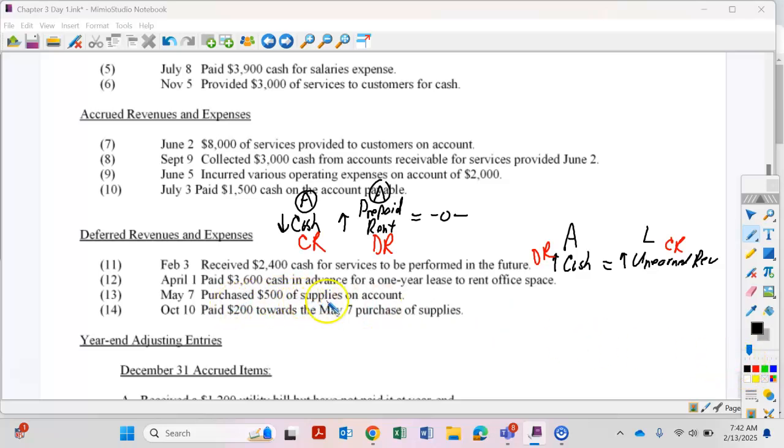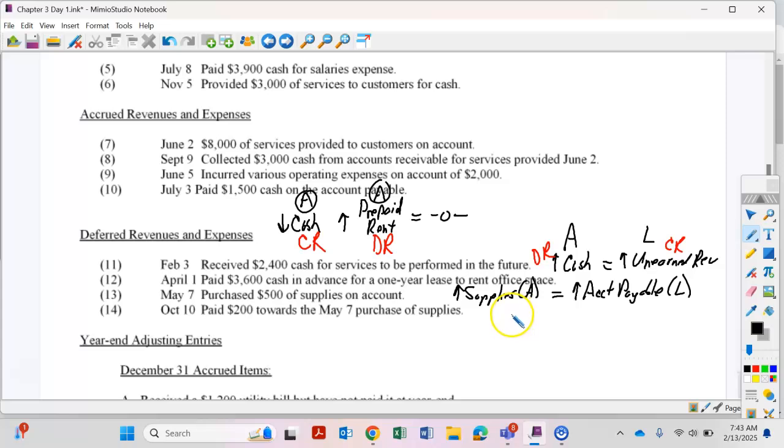May 7, purchase supplies on account. So supplies will go up. That's an asset. So supplies come in and we're buying on account, so we're not paying it. So accounts payable will go up. Let's just abbreviate accounts payable. And accounts payable is a liability.